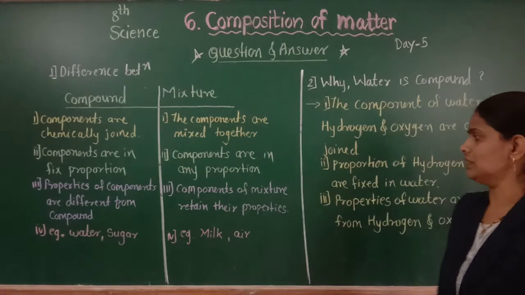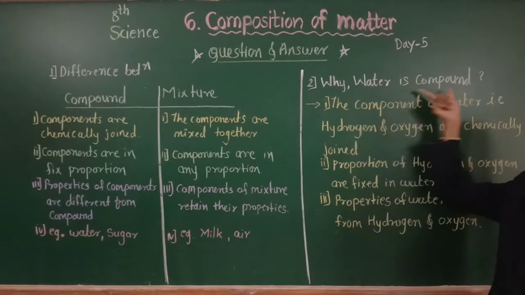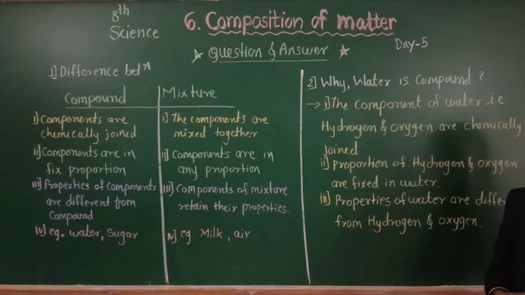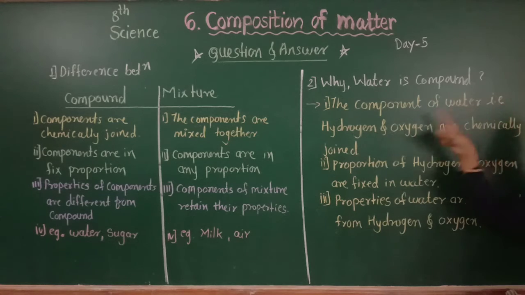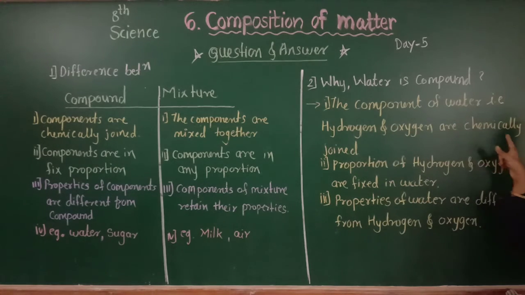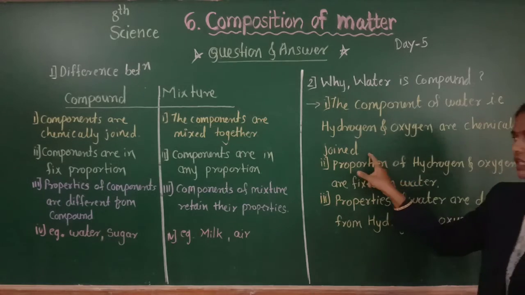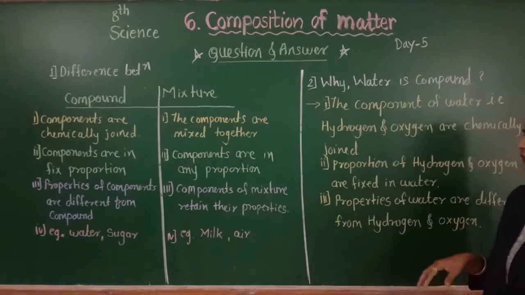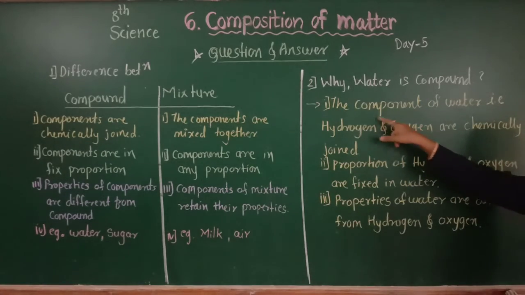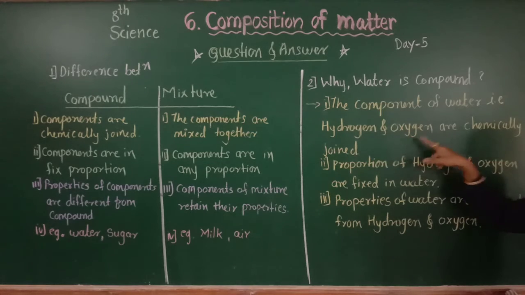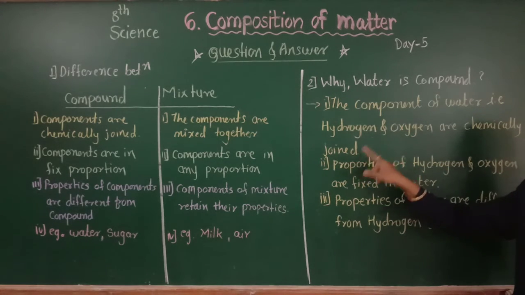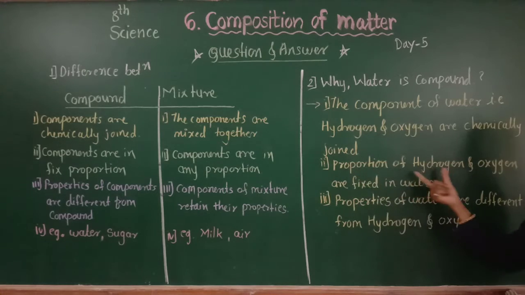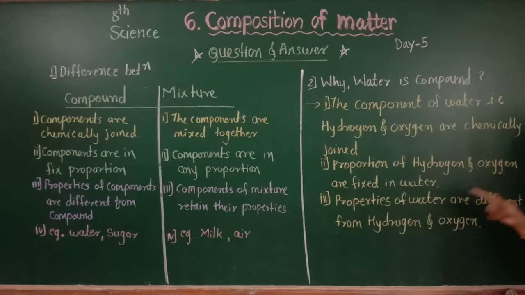Then the second question of this topic: why is water a compound? The answer is, the components of water, hydrogen and oxygen, are chemically joined. We see the difference: components are chemically joined in a compound. The second point: the proportion of hydrogen and oxygen is fixed in water.